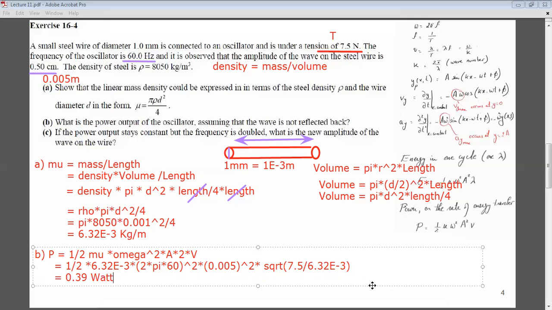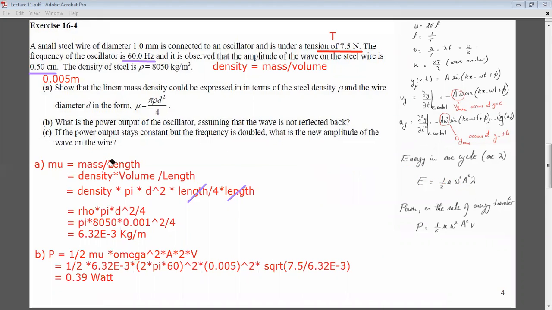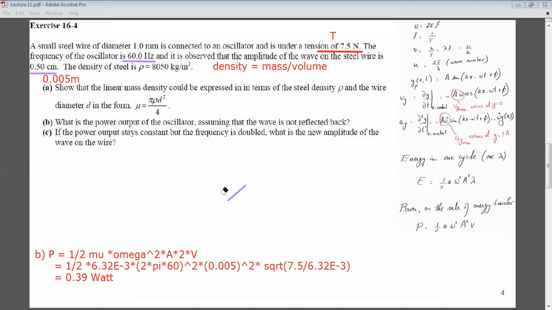Now, if the power output stays constant, but the frequency is doubled, what is the new amplitude of the wave on the wire? Let me erase a little bit. So, P prime is equal to P, okay? And they say the power output stays constant. It means P prime is equal to P, but the frequency is doubled.